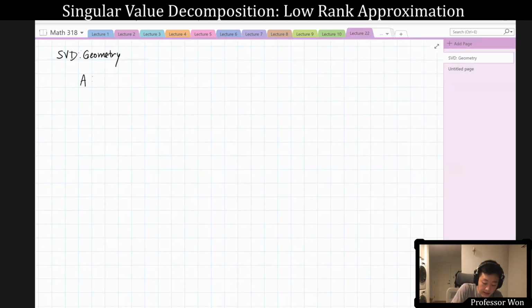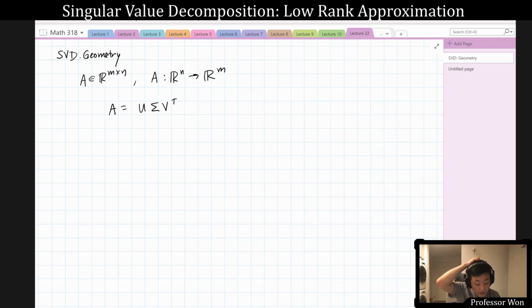A is a matrix in R^(m by n), meaning that A is a linear transformation from Rn to Rm. And we're going to write the singular value decomposition, A equals U sigma V transpose. And again, what V transpose does is change basis to the columns of V. This is a basis of Rn.